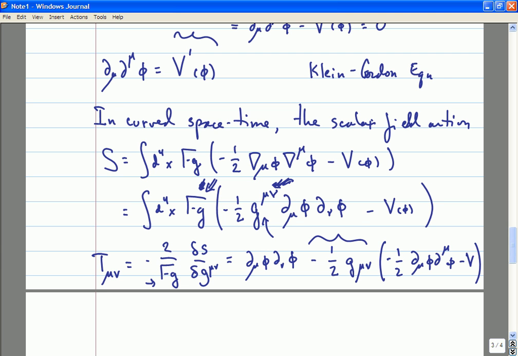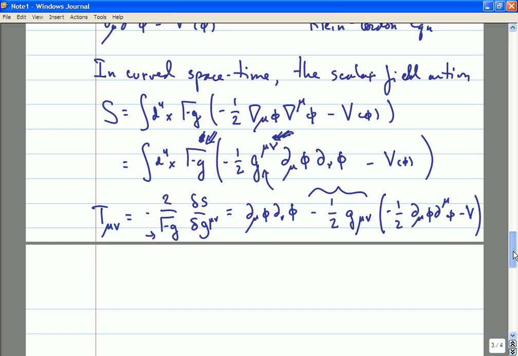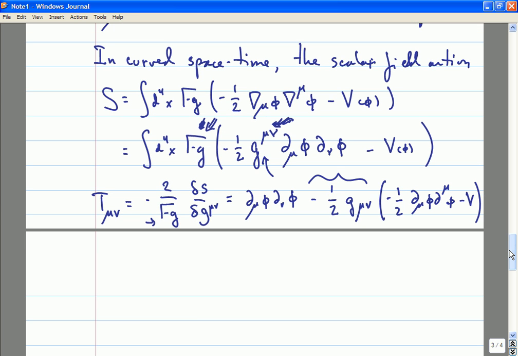So just to summarize, the stress tensor of the scalar field was found by covariantizing our scalar field action and varying with respect to the metric.